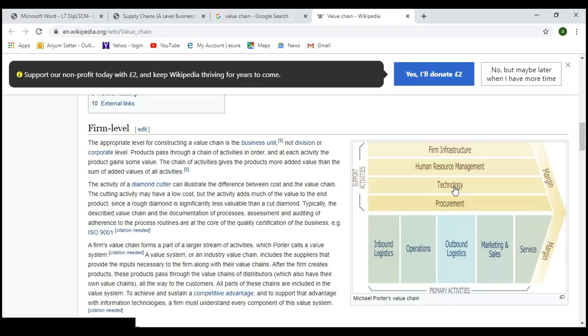Procurement, technology, human resources, and firm infrastructure are secondary or supportive activities. If these supportive activities don't happen, our primary activities won't happen. That's where they use this concept from this diagram.